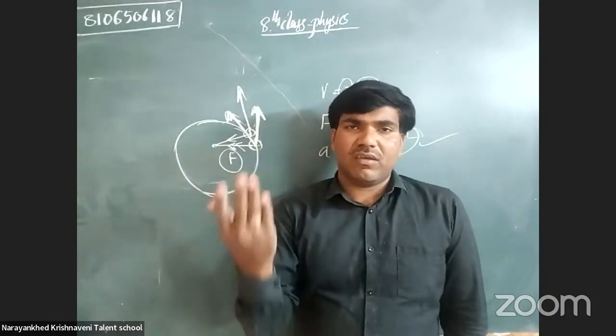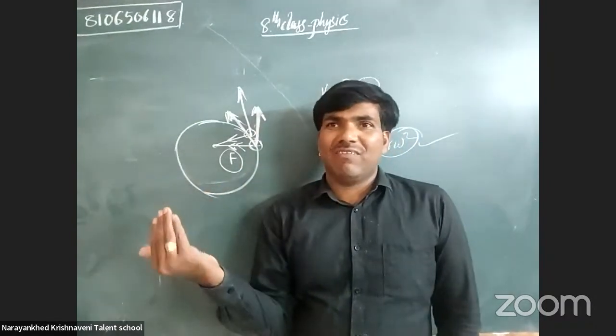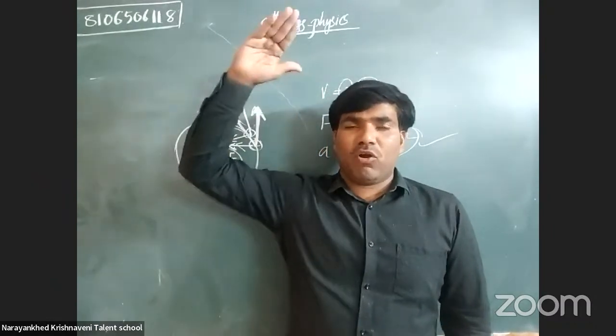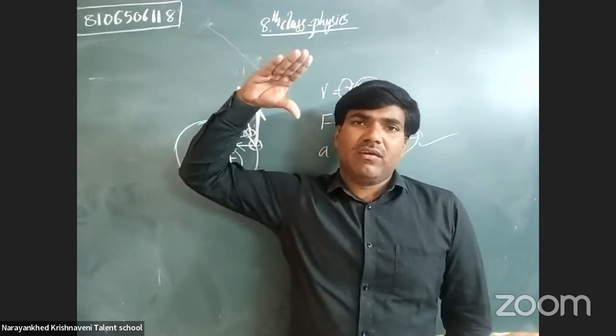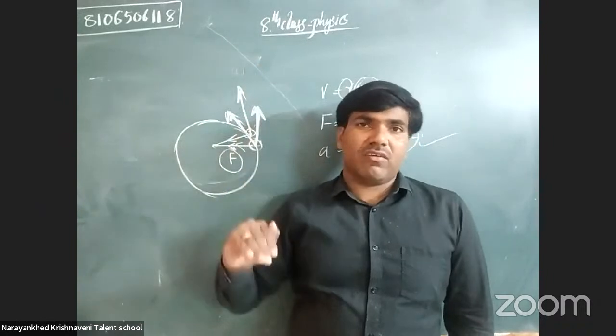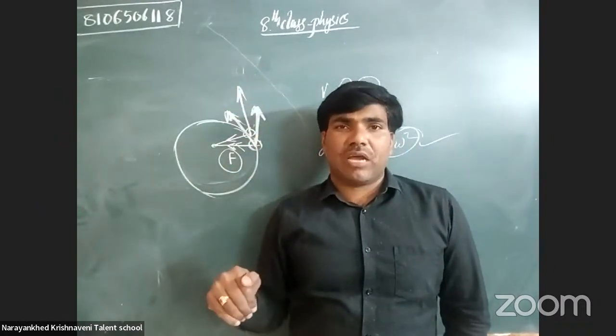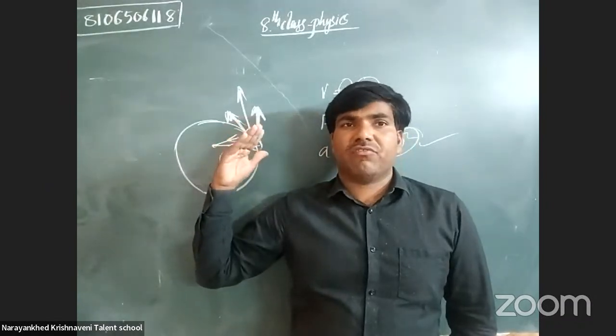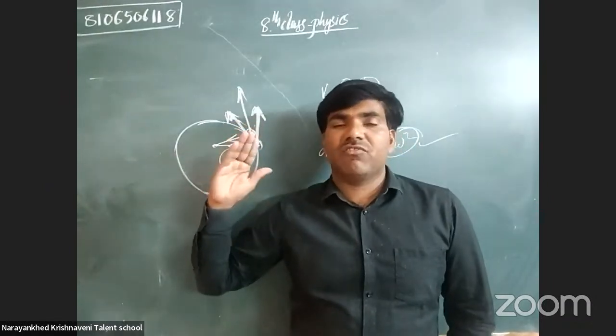Now here a changes to g and s changes to h when we take a body traveling at a height. In the direction of acceleration due to gravity, it is taken as g. Opposite to the direction of acceleration due to gravity, it is taken as minus g.